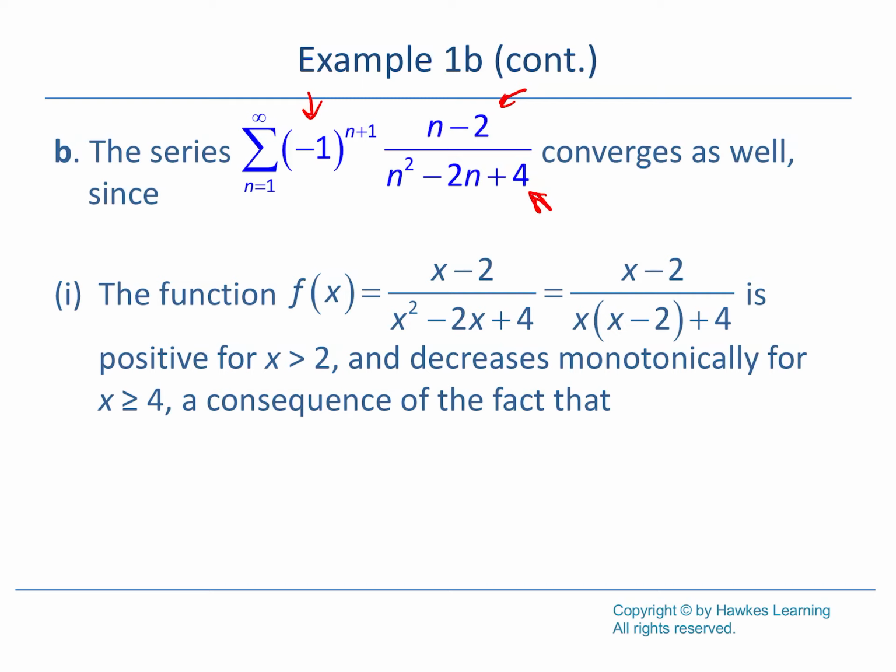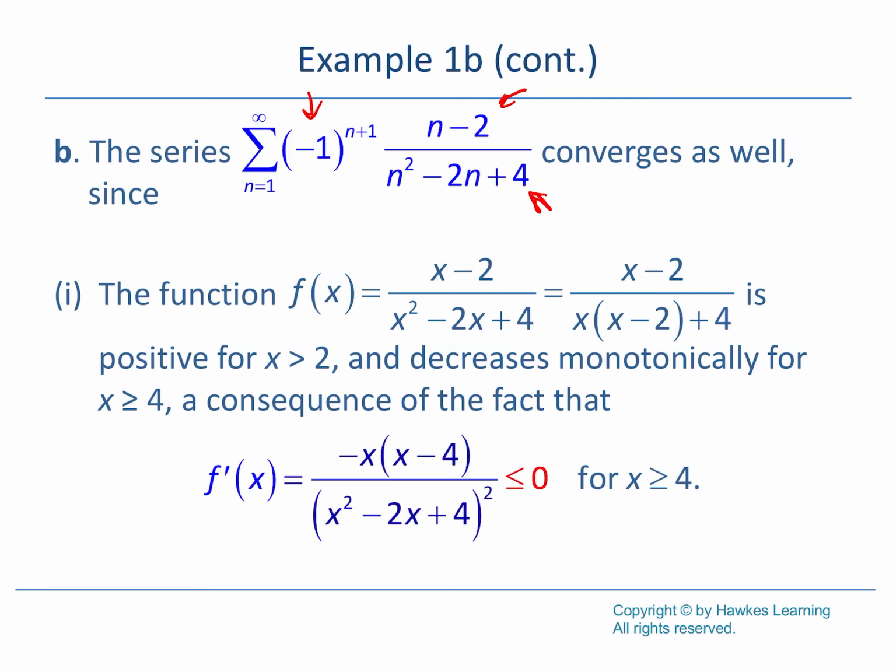But after you get past 4, this derivative, now written in terms of x instead of n, is not positive, and so it is a decreasing function as x goes on. We used a derivative to show that this thing would be decreasing monotonically after x is greater than or equal to 4.